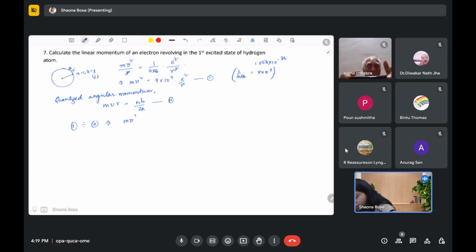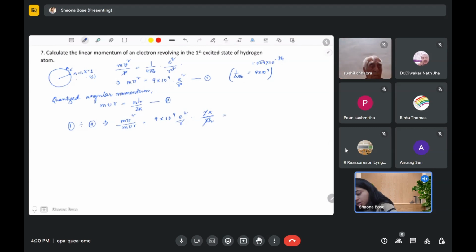Okay, this will give mv square by mvr, that is equal to 9 into 10 raised to the power 9 e square by r and 2 pi by nh. Now n is equal to 2, so I will just write here 2h.